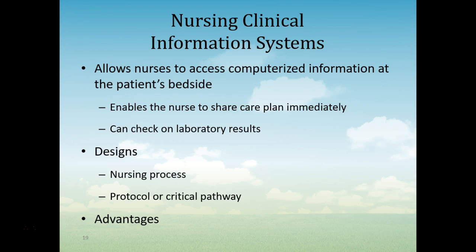The nursing process design is the most traditional information system. It organizes documentation within well-established formats such as admission and postoperative assessment, problem list, care plans such as nursing care plans, intervention list or notes, and discharge planning instructions.